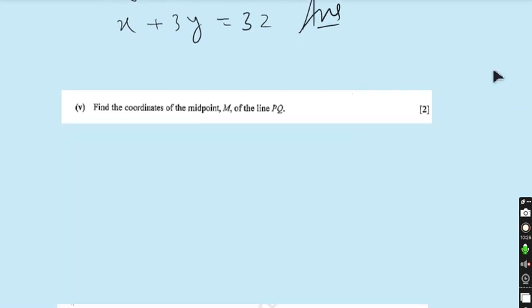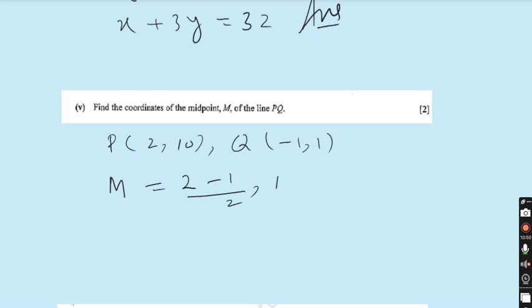Now part number 5, find the coordinates of the midpoint M of the line PQ. So it is very easy. P is given in the question, (2, 10). Q we have found, (-1, 1). The coordinates of M are (x1 plus x2) upon 2, (y1 plus y2) upon 2.